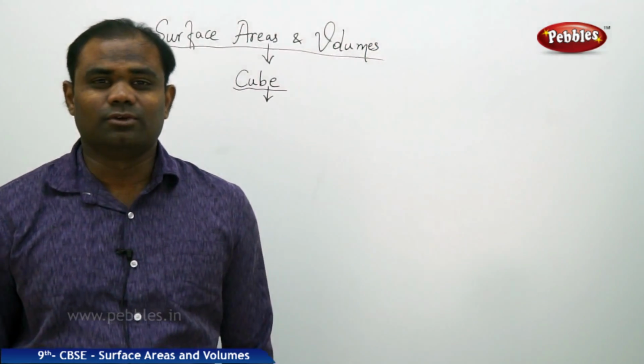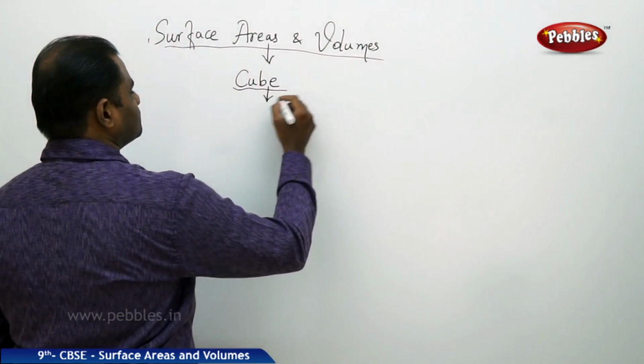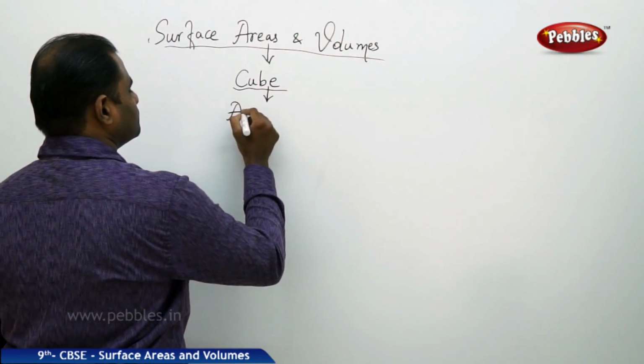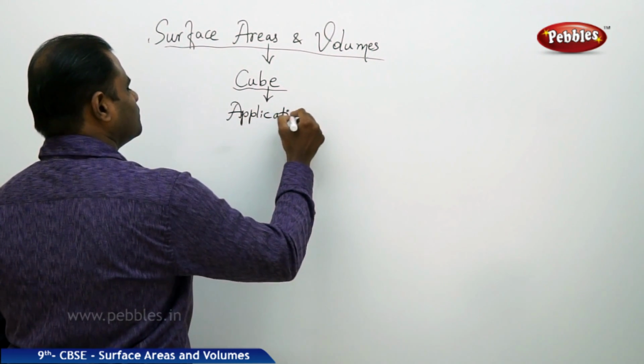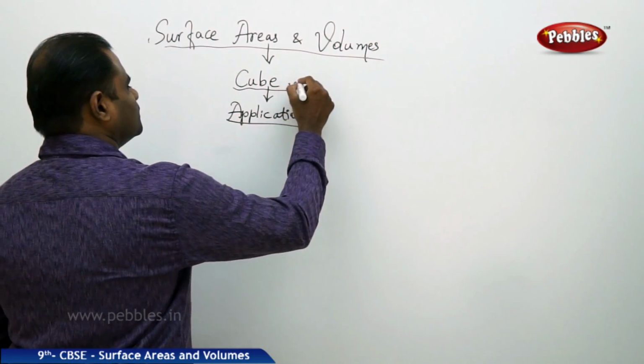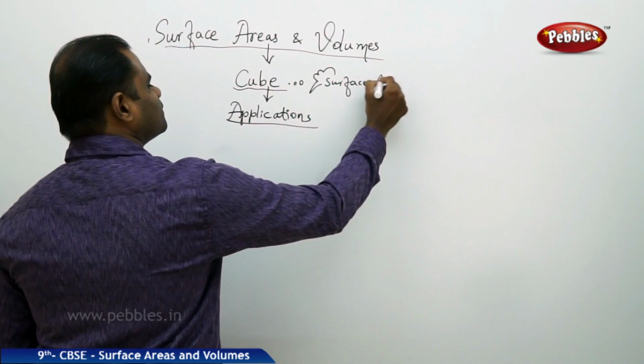Now that we have discussed a cube and also finding the surface area of a cube using the formula 6a², let's see an example problem as an application of the surface area of a cube. This is about surface area.